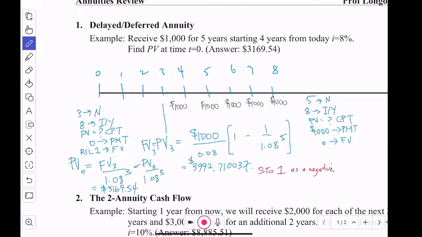Circle my final answer. So at the end, you can round to decimal places.